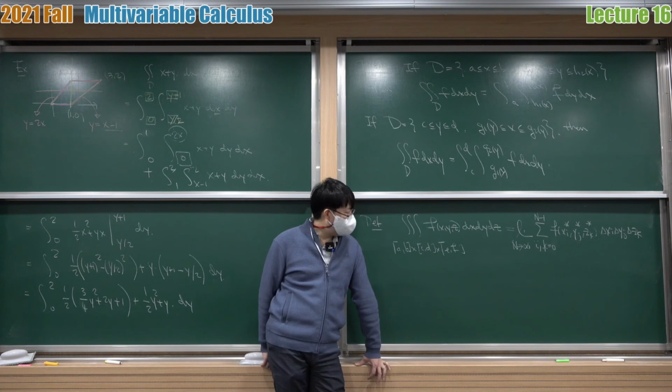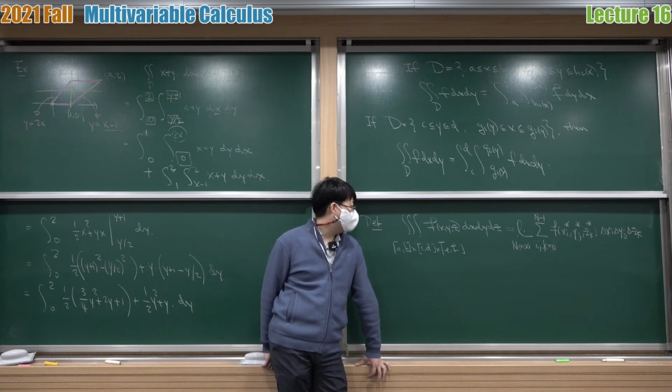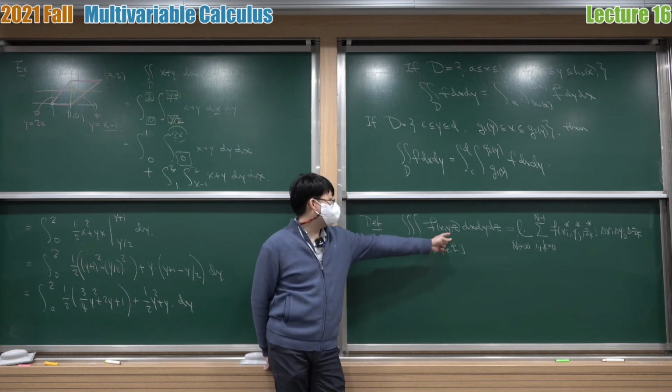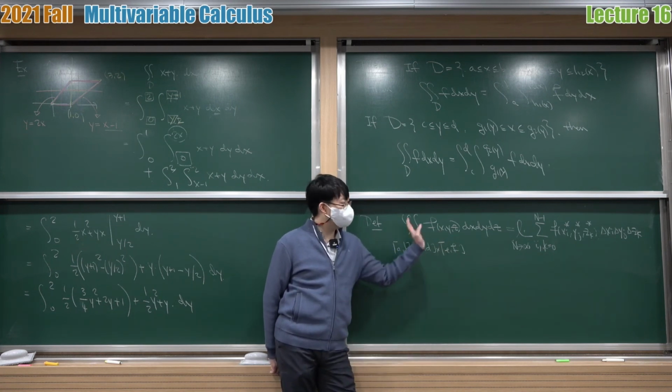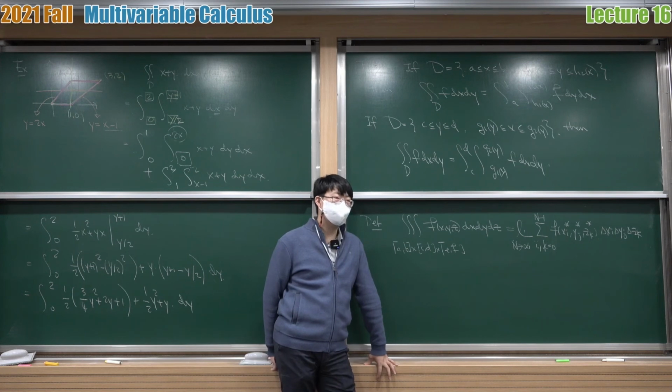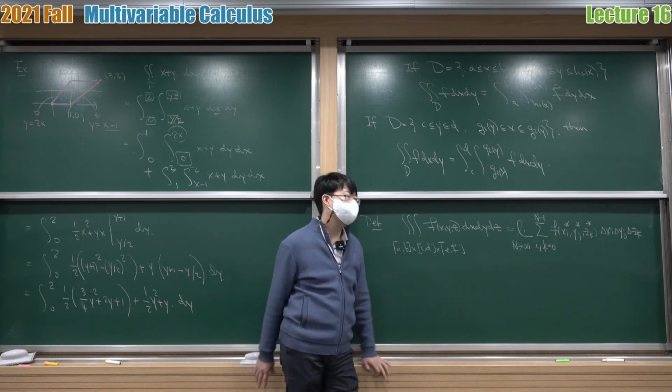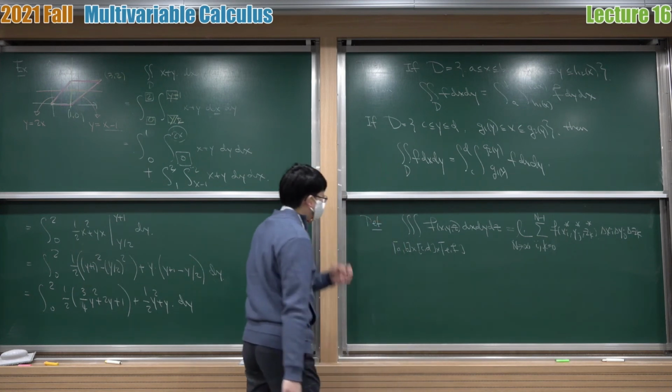Right. So if you think this is a probability, and this domain is the entire domain of f, then you take the triple integral, you get 1, right?